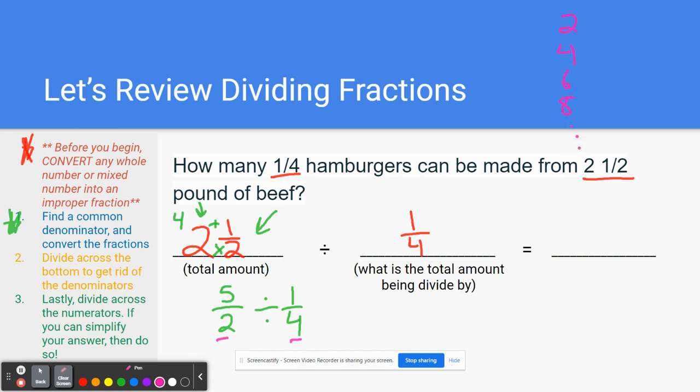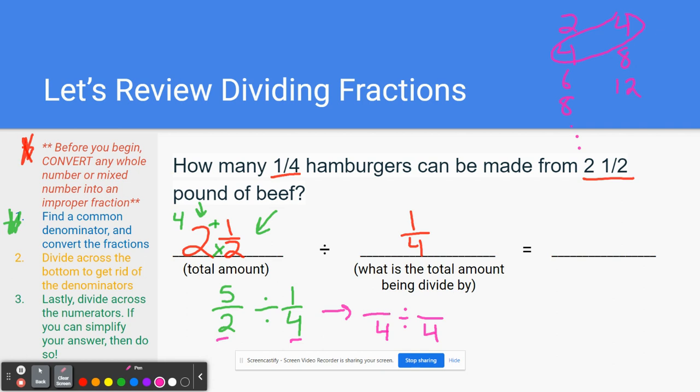Let's do the same thing for 4: 4, 8, 12, and I'm going to stop there because I already see the lowest number that they both go into, which is 4. So our common denominator is going to be 4. Now we have to rewrite our problem with our new common denominators. The denominator is going to be 4 for each.